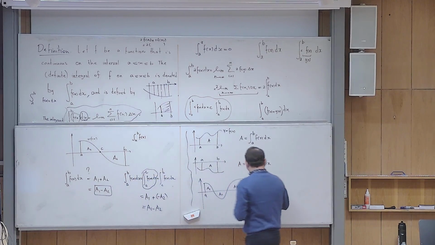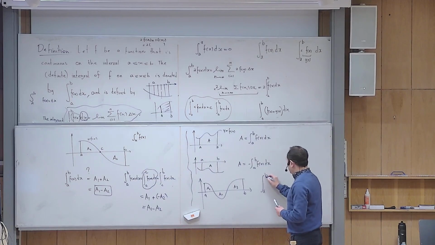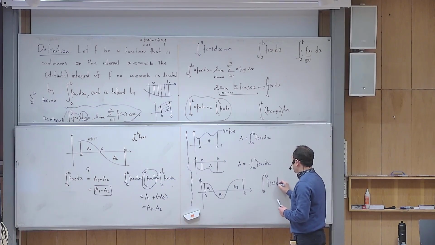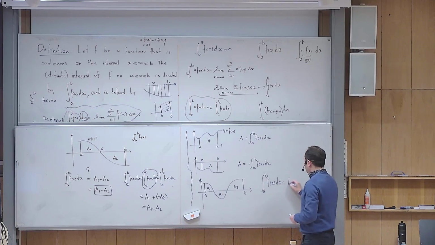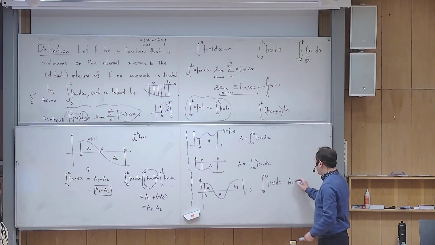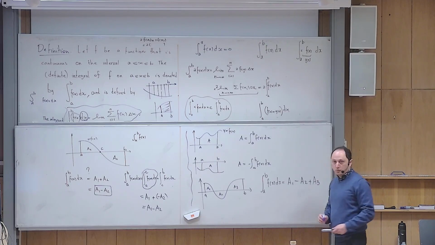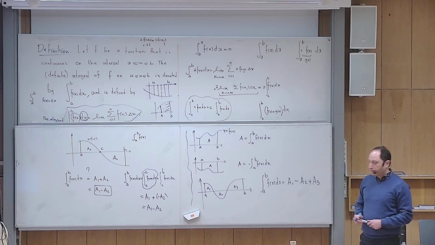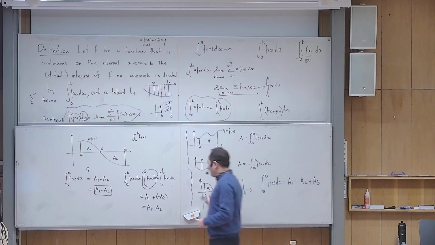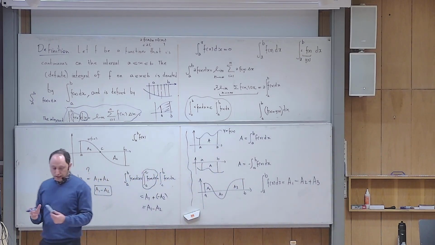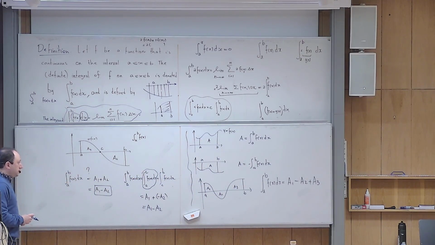If I ask you the connection between this integral and these areas, you see that it is A1, above, minus A2 plus A3, and if there are more terms you can continue. So be careful. Area and integrals are really closely related, but you have to be careful about the differences as well.